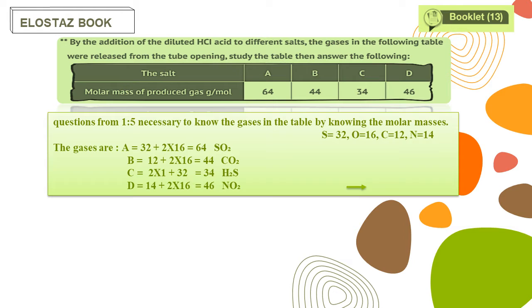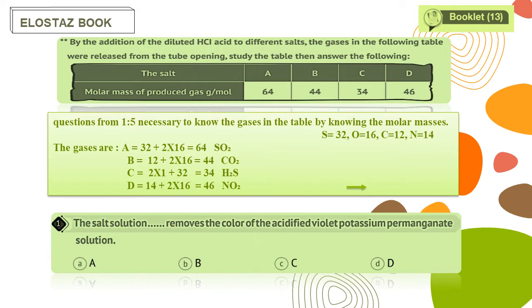After calculating each molar mass and knowing each gas from the table, we will discuss questions 1 to 5 regarding these gases. Question number 1 says: the salt solution of which gas removes the color of the acidified violet potassium permanganate?